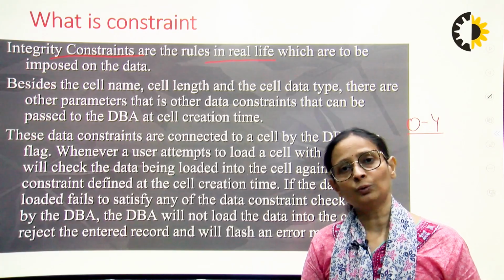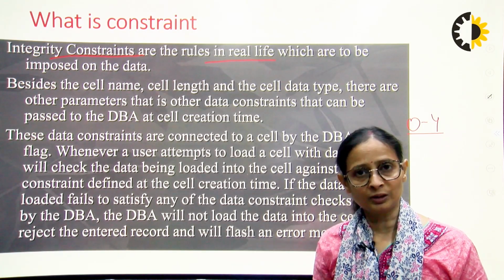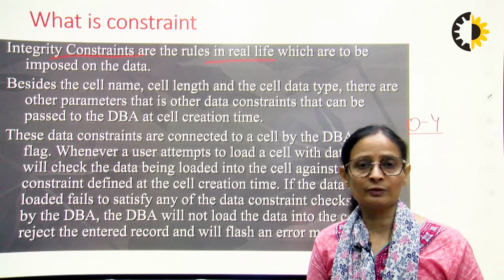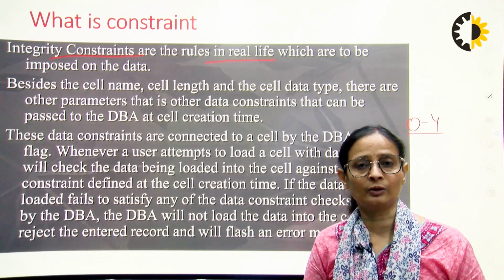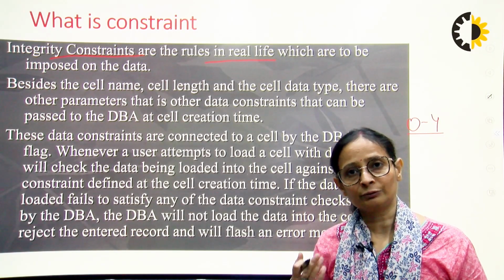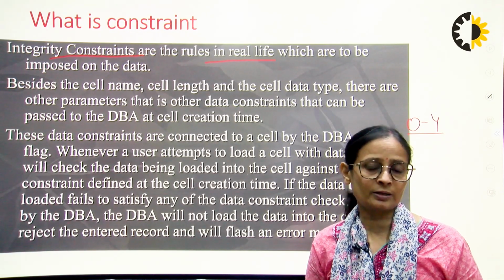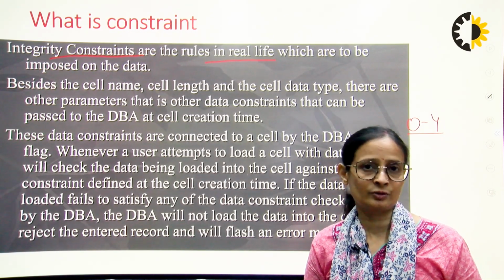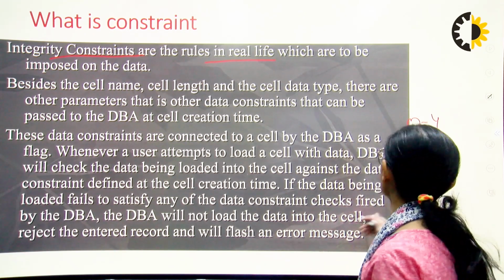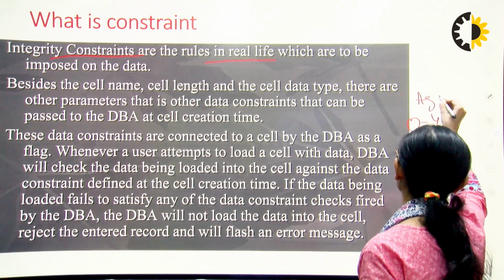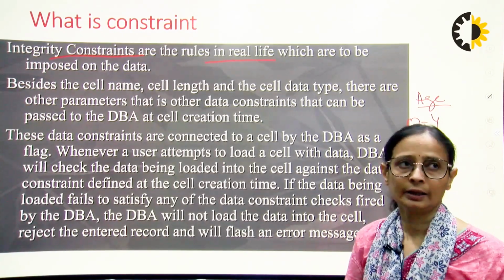Whenever you are creating a table, you need to give these constraints. A few are the default ones, for example your field name, field length, field data type. But other than these, I also require certain other integrity constraints, which I just showed in the case of field age.